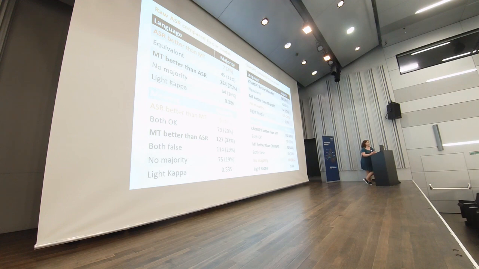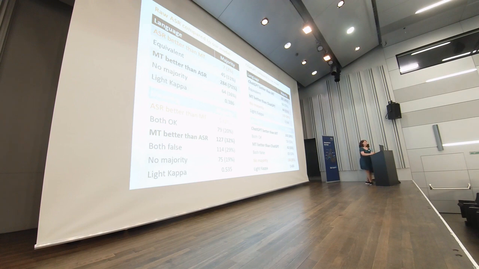That's for the language. We are going to see some examples and go further into the results. Obviously, we are aware that ChatGPT is able to produce fluent, nice-looking sentences. For the meaning, as you can see, ChatGPT receives a majority for only 26% of the cases. So obviously the language is much better than the meaning.